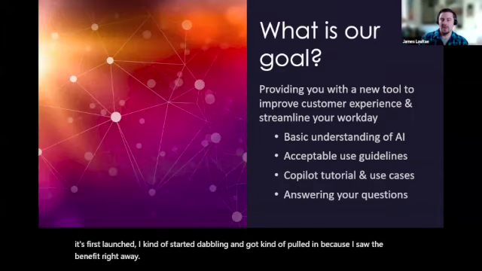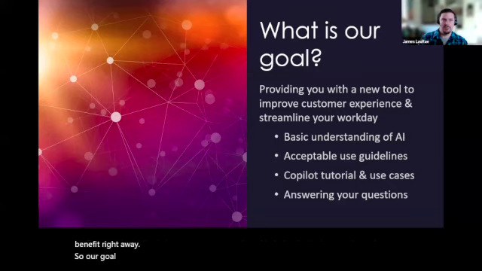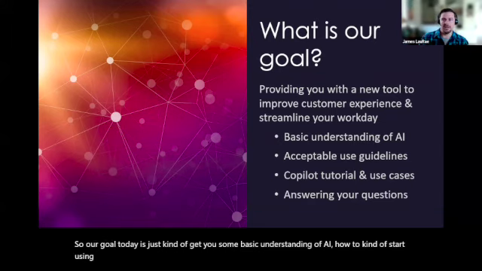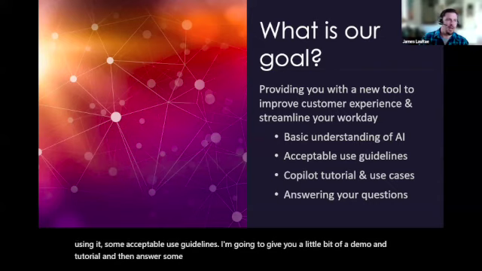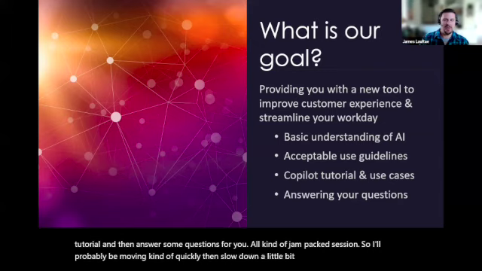So our goal today is really just to get you some basic understanding of AI, how to start using it, some acceptable use guidelines. I'm going to give you a little bit of a demo and tutorial, and then answer some questions for you all. It's a jam-packed session, so I'll probably be moving quickly, then slow down a little bit more in the demo. So pay attention.